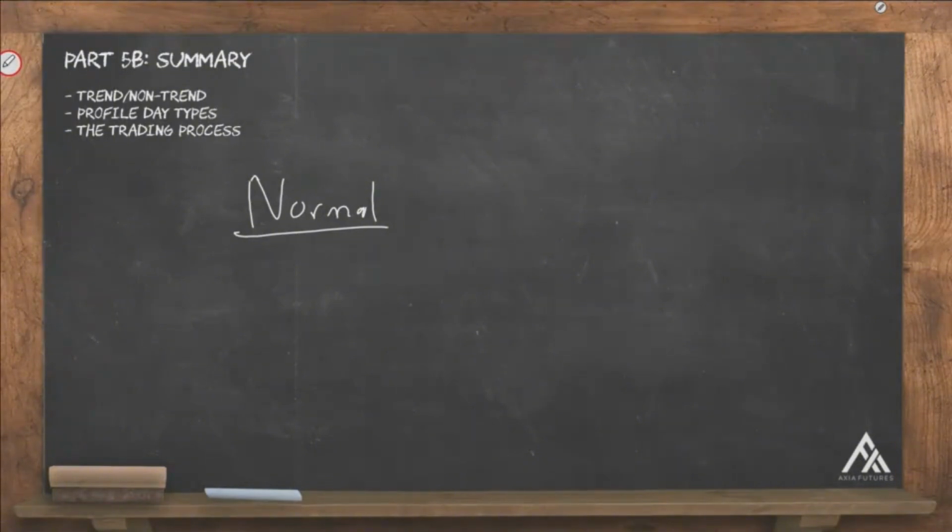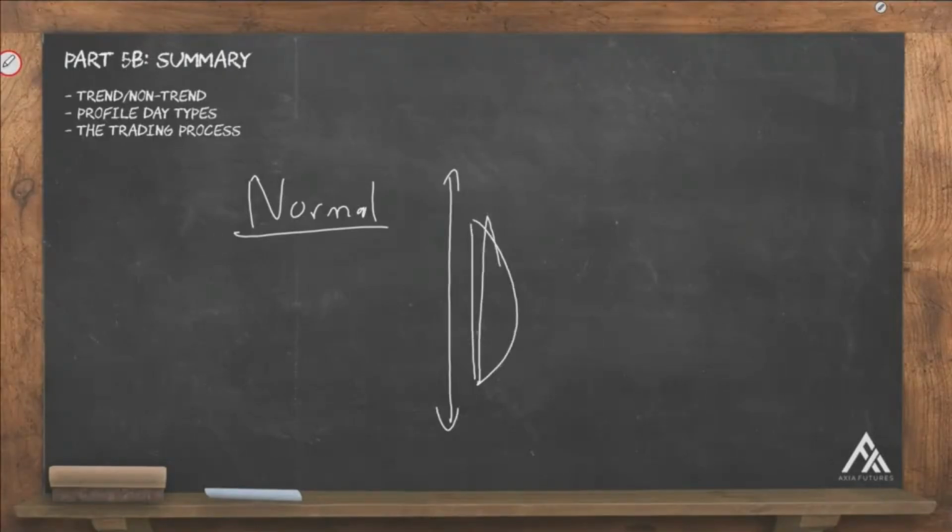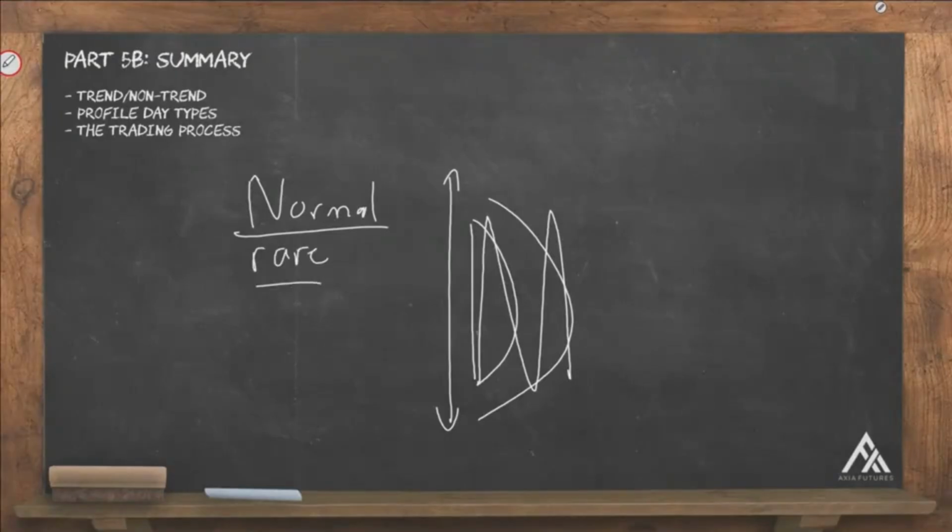So we get a very wide initial period. The market then spends the rest of the day within that initial period, filling out the market up and down and up and down, effectively forming a nice normal day. Now, these are relatively rare, but the nice thing about them is we get that identifier or clue very early on in the session. So that was our first day type.